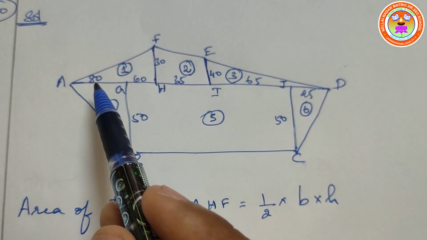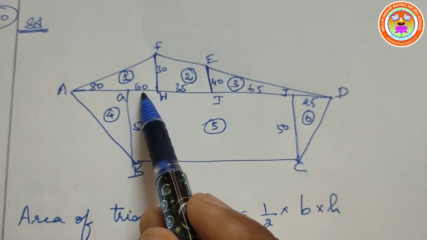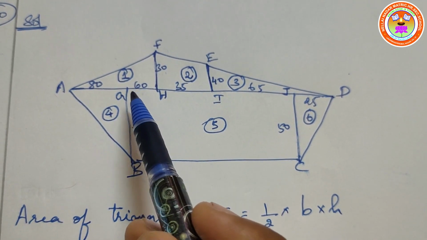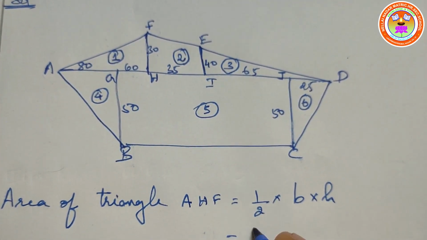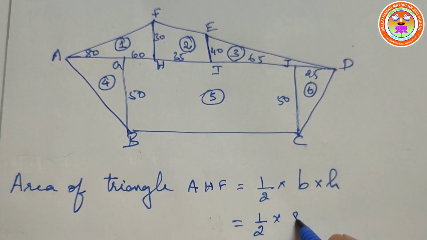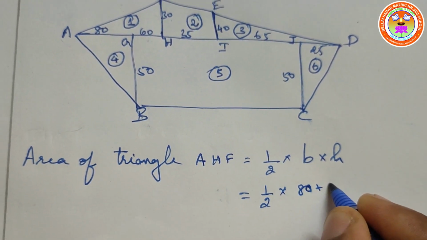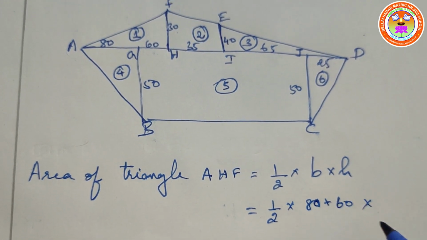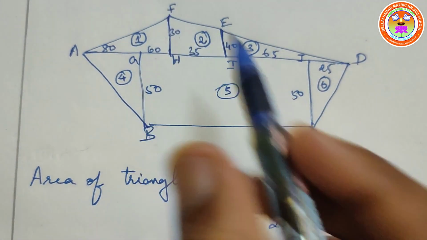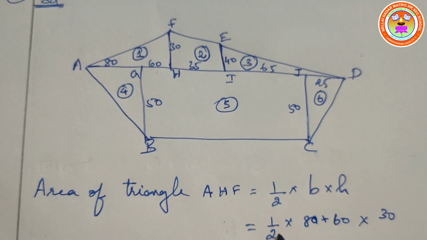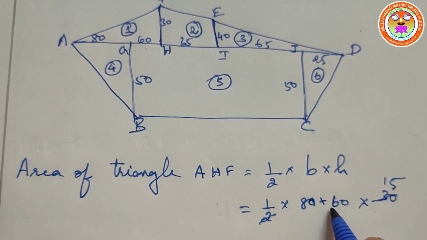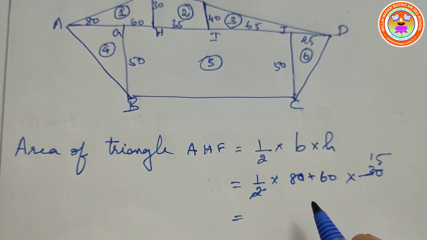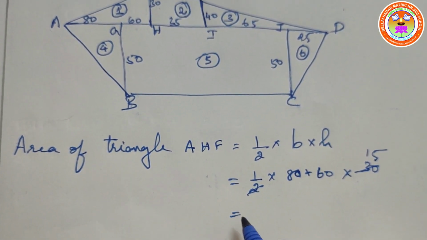What is the base? 80 plus 60. What is 80 plus 60? 140. Half into base, 80 plus 60, into height, that is 30.